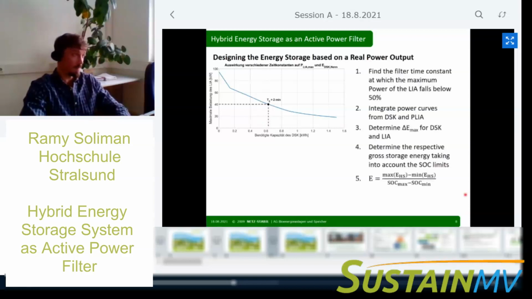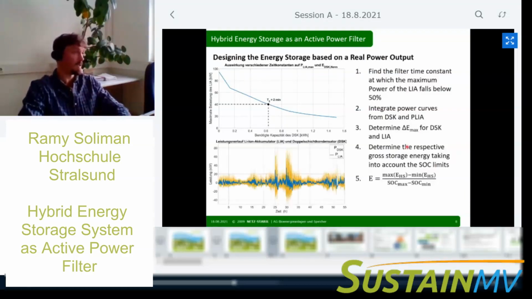And then if you have determined the power, you just need to integrate it, like the slide before, and get an idea of the needed capacities.